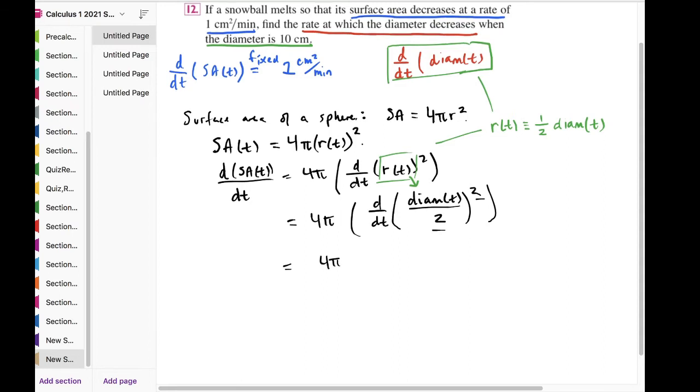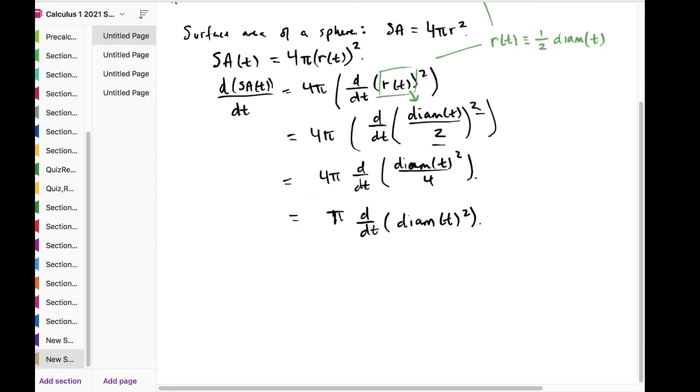So we can pull that out and just get pi. Okay. What's the derivative of diam squared? What is this? Yep, 2 diam and then something else, right?